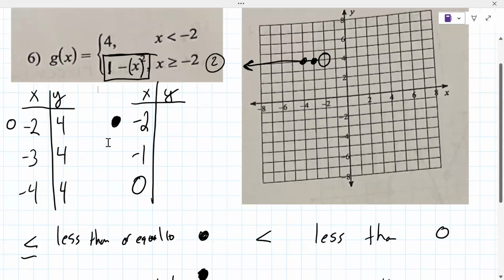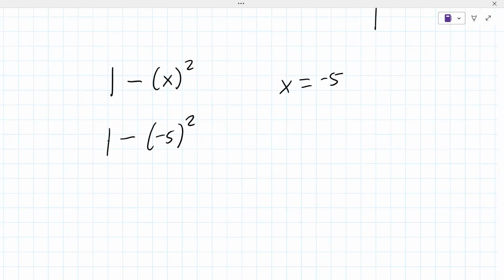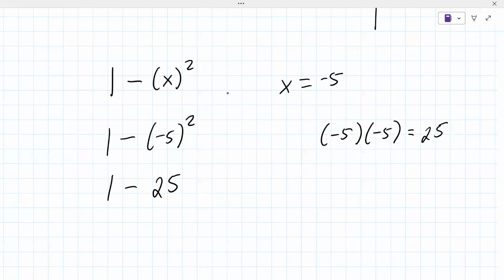I'm going to do a different number for you. What if x is -5? -5 in parentheses squared means -5 times -5. What does that become? 25. But okay. This is 1 minus 25.